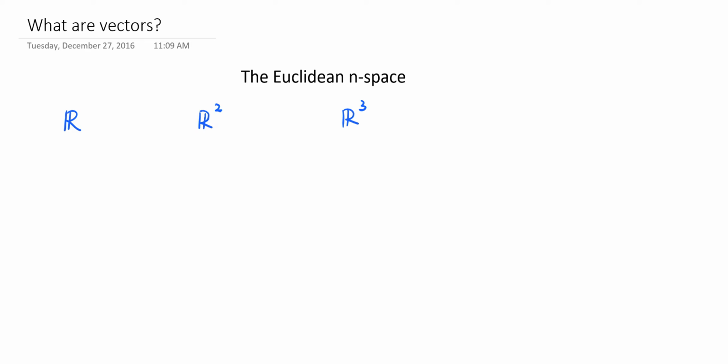As we know, the set of real numbers can be represented on a line where this is 0, and any point on this line means a real number. This line is often referred to as the real line. And the set of all real numbers can be thought of as Euclidean 1 space, R1. And because elements in R are just real numbers, they are scalars.